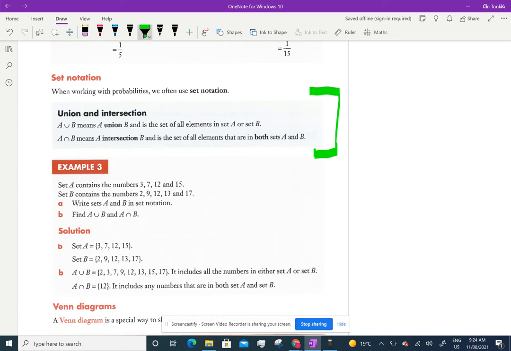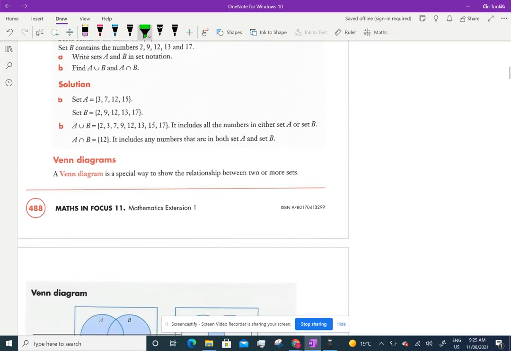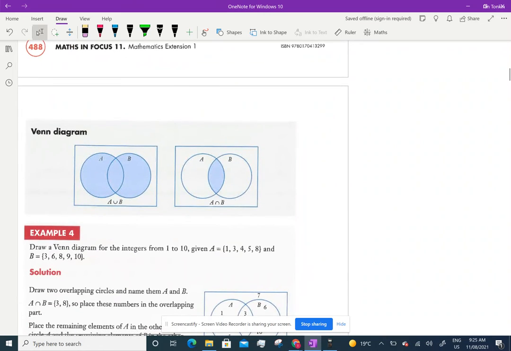Union and intersection. Union means everything. Intersection just means the things that are in both sets, and they can be independent. So the Venn diagram covers it completely.